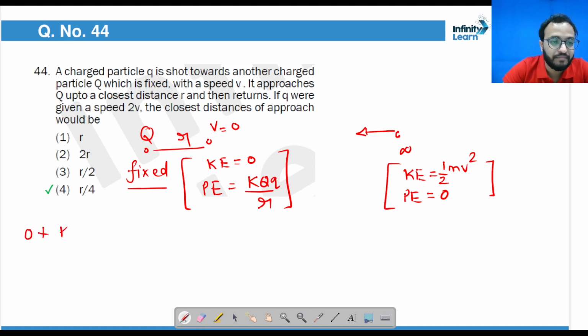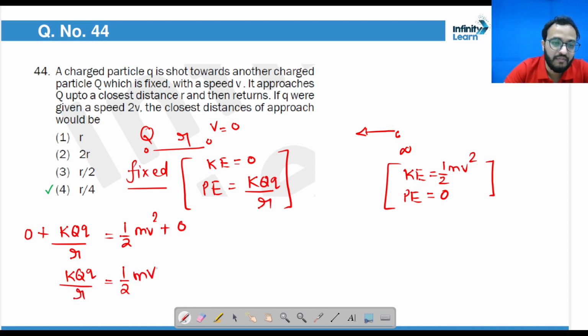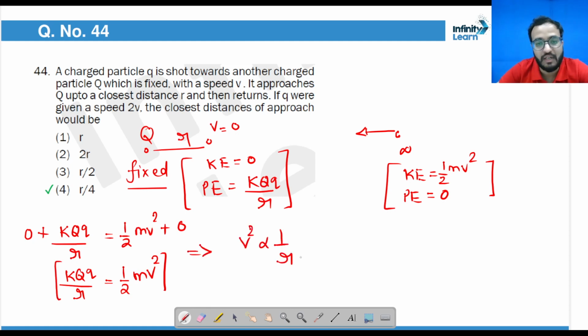0 plus half mv square is equal to kQq by r plus 0, since the potential is 0 at infinity. So we can say that kQq by r is equal to half mv square. So from here we can say r is inversely proportional to v square.